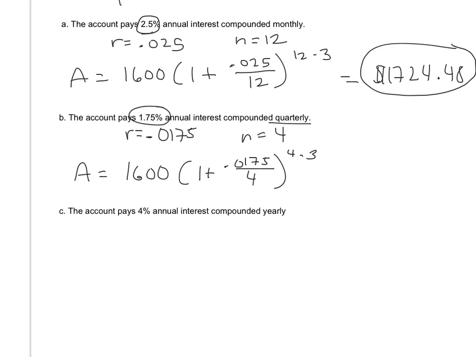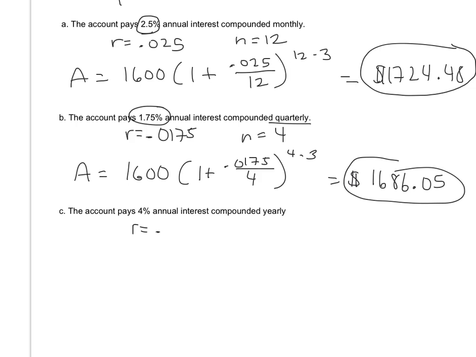And again, just put this in just as you see it, and it should give you what the amount in the account is after that duration of time. So I came up with $1,686.05. So you can see, compared to the first answer, different rate, different compounding times, gives a little bit different amount of money.